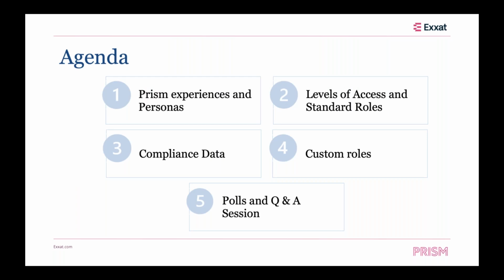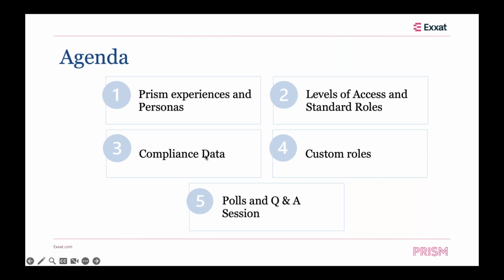So we'll give you an idea of what the different experiences and personas are that we support for our users. We'll also do a click down on the levels of access and the standard roles that we support for each of these personas. We will then take a few slides to talk in detail about how we control the health related data that is put on Prism, which is the compliance data.